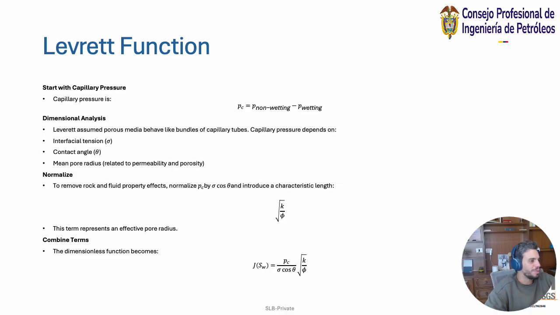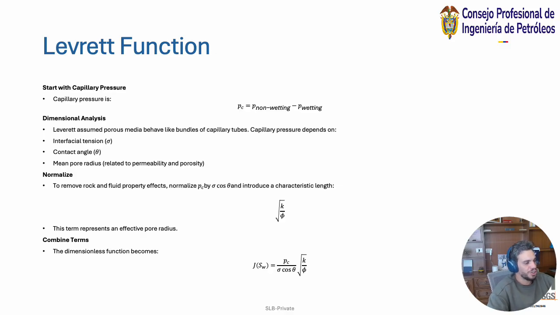And the capillary pressure depends on the interfacial tension, the contact angle, and the mean pore radius, which is telling us more about the porosity and the permeability. What they're doing is normalizing the equation by removing the rock and fluid properties with this cosine theta parameter.